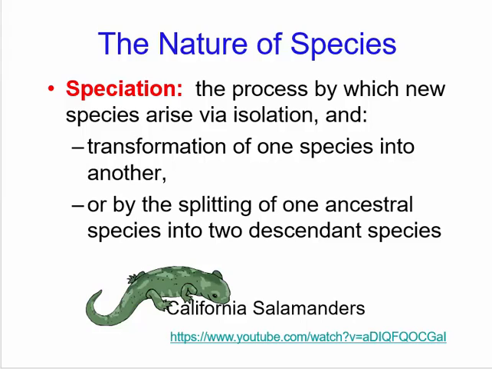And I'd encourage you to check out this video, go to the slides and click on this video. It's a YouTube video. It's only about 3-4 minutes long. Describing this work are the scientists that actually have done this. And you get to see some cool salamanders that they have.